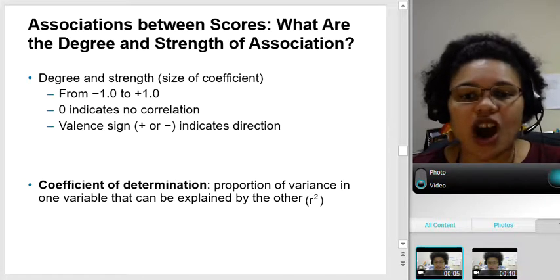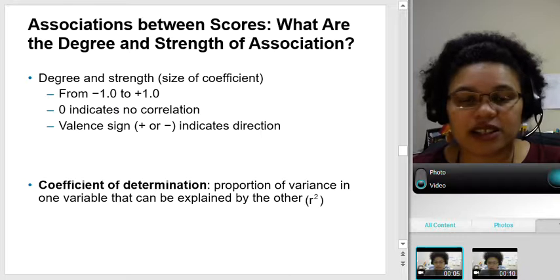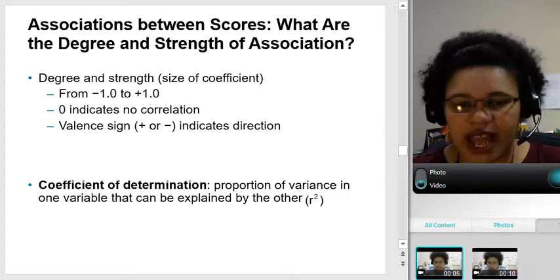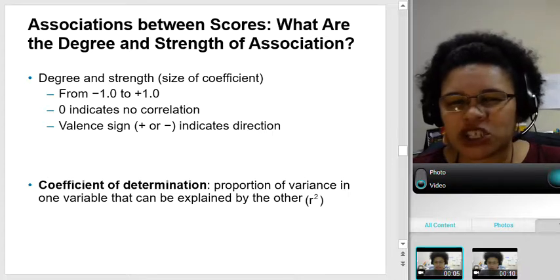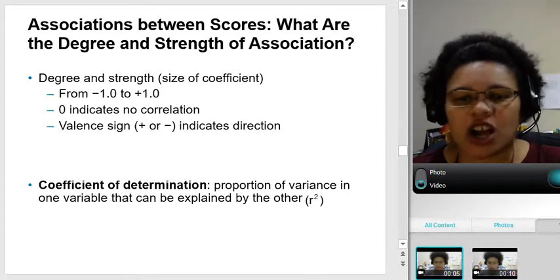R, that correlation coefficient, can range from -1 to +1, with 0 indicating no correlation. And there's something called the coefficient of determination, which describes the proportion of variance in one variable that can be explained by the other.